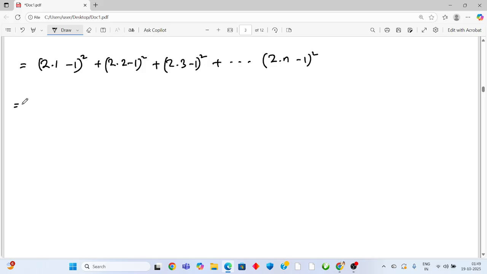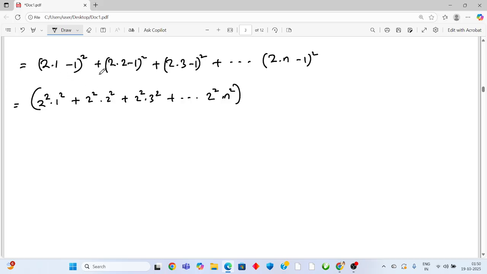So now basically this is the formula of (a minus b) whole square, where the first terms we can collectively write as 2 square into 1 square plus 2 square into 2 square plus 2 square into 3 square dot dot dot. The last term would be 2 square into n square.